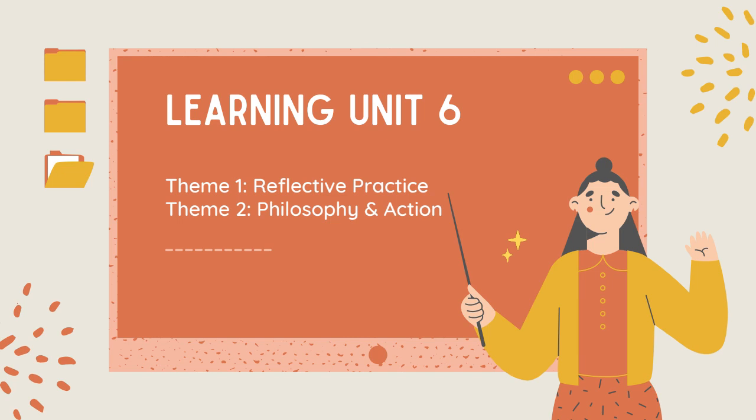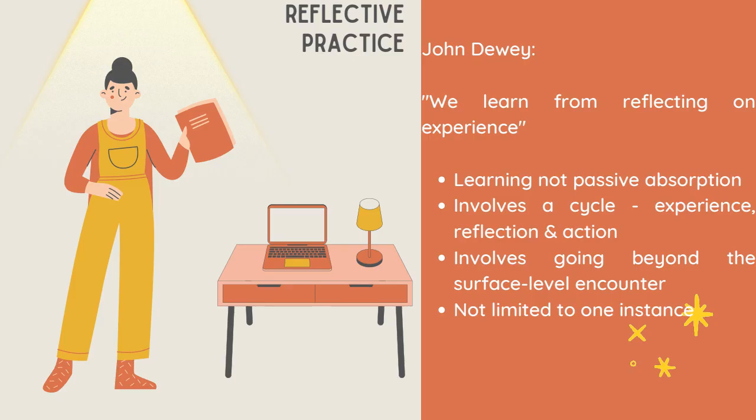Okay, before I get too carried away, let's move on with Theme 1 of Learning Unit 6, which has to do with reflective practice. John Dewey is by far the most influential person here, an American philosopher and educational reformer, and he simply believed that learning is not just passive absorption of information, but involves active participation and dynamic processing, and this can only happen through reflection on experiences.